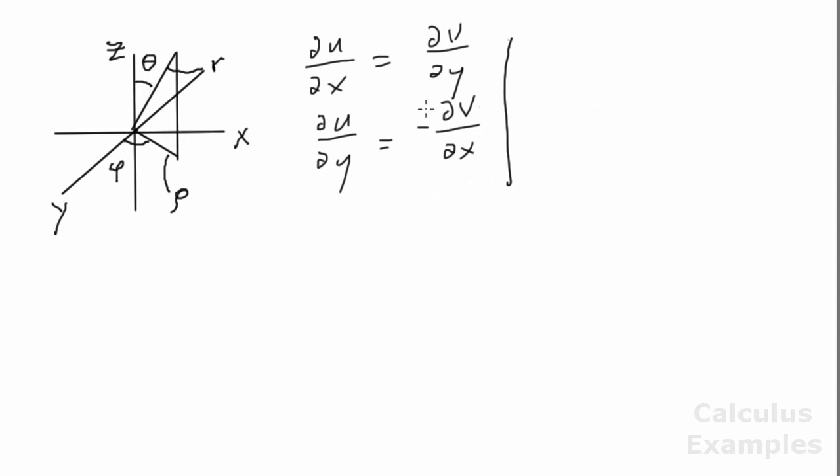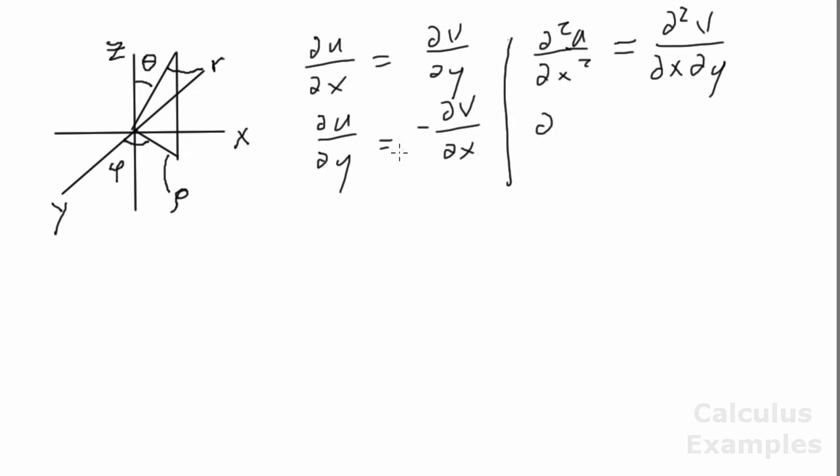The first thing we're going to do is take the derivative with respect to x of the first equation. Right? So you get the second partial of u with respect to x is equal to the second partial of v with respect to y and x. And we're going to write it in this order because we're taking the derivative with respect to y first and then x.